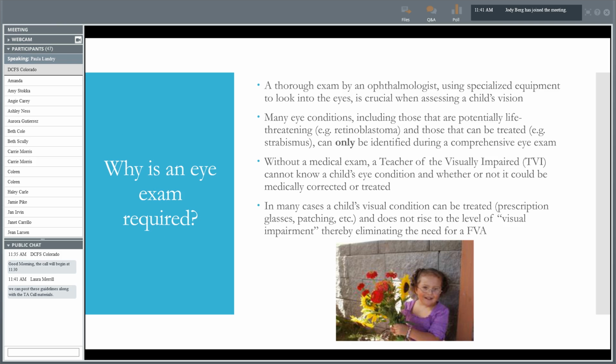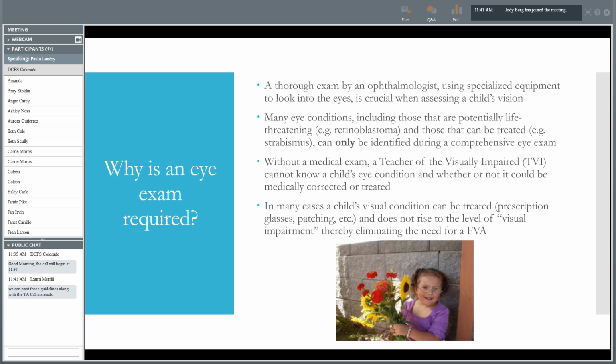Great. So why is an eye exam required? I know this is oftentimes a big question of, why can't a TBI just come in and assign services or decide that a child qualifies before an eye exam is completed. But really that's for a couple different reasons.